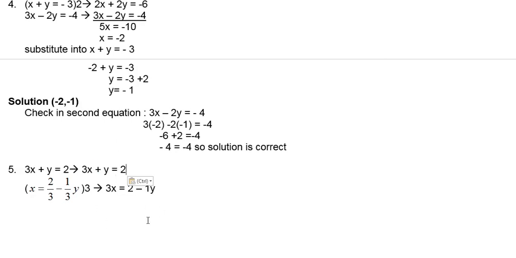I need to bring my y back to the other side. So I'm going to take this one and I'm going to rearrange it so that my y's line up. So I get 3x plus y equals 2. And my other equation, I can actually just bring it over even further so that these line up.